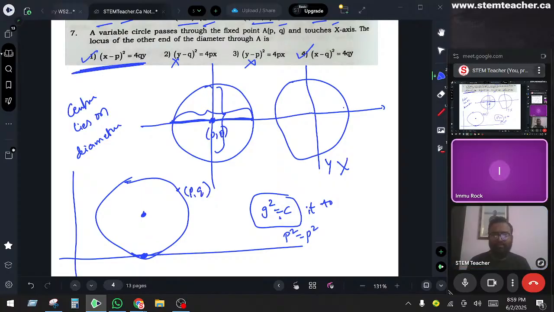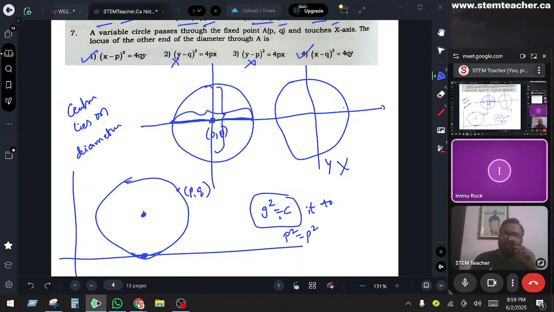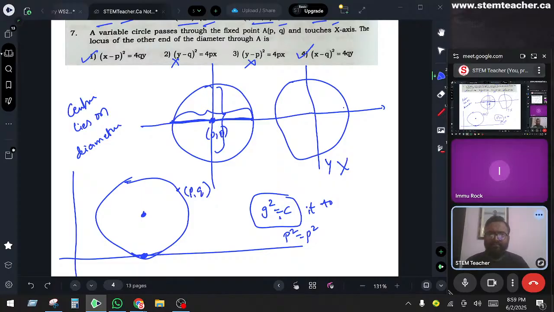This is the only equation that satisfies g square is equals to c. Here it will be C, and both will be P, both will be Q. The other end of the diameter through A.